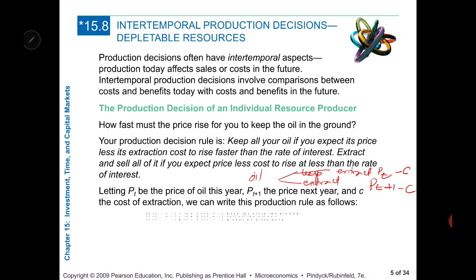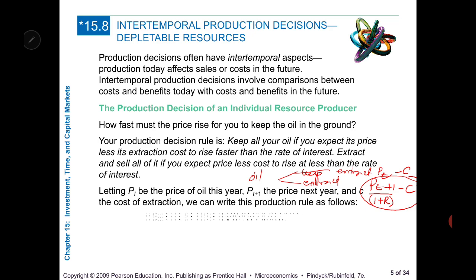But since it is next year, for you to know what it is in today's value, you have to use the 1 plus R formula. Okay, so the decision is like this. Should we extract this year or should we extract next year? It depends on what we know about the future value of the second decision.